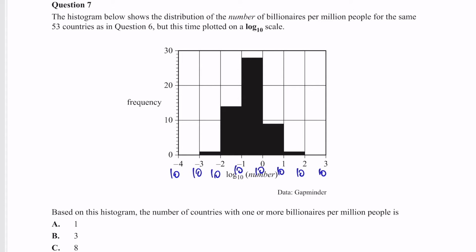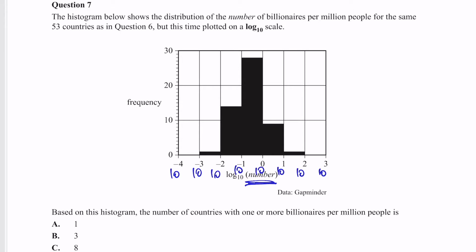This thing here, log 10 number, can be really confusing. Some people might think log 10 of -4, log 10 of -3, and so on, so I usually don't like to look at that. All I know is that whenever there's a log, it's 10 to the power of the number on the scale. So don't get confused by what's written here, log 10 of number. It's not log 10 of -4.